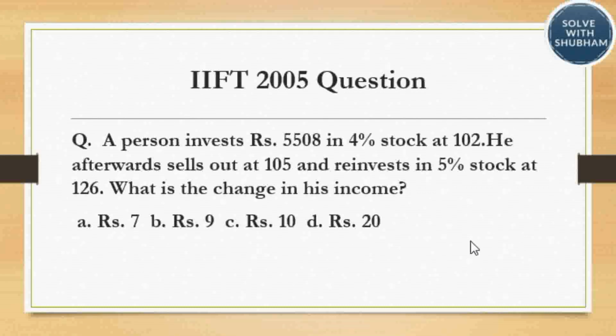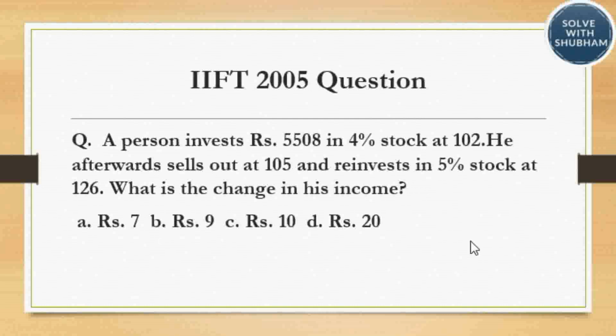Now, this question was asked in IIFT 2005. It goes like, a person invests rupees 5508 in 4% stock at 102. He afterwards sells out at 105 and reinvests in 5% stock at 126.